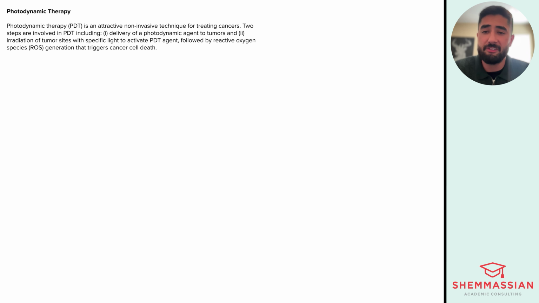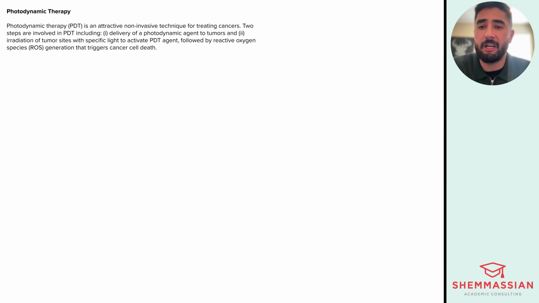So for this type of passage, I really want to pay attention to the steps and to what exactly is happening here. Can I picture this? Let's see if we can pick up on the keywords. Some words I might highlight would be photo in photodynamic therapy, non-invasive, treating cancer, two steps.